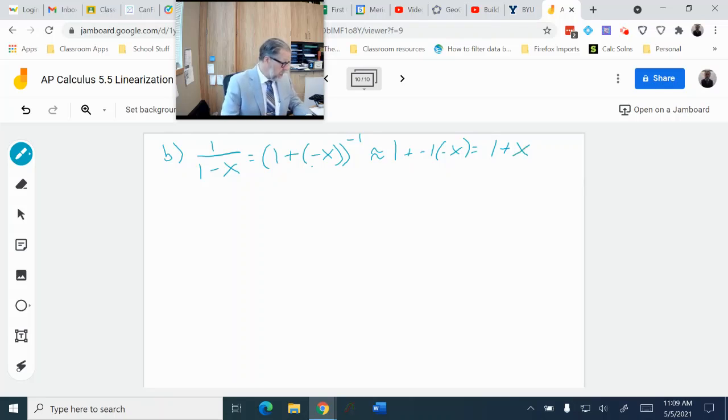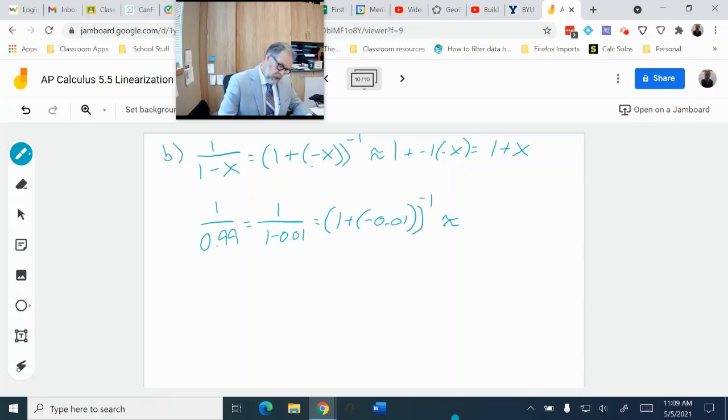So if I want to find the value of 1 over 0.99, I could rewrite this as 1 over 1 minus 0.01. Well, that's 1 plus negative 0.01 to the negative 1.